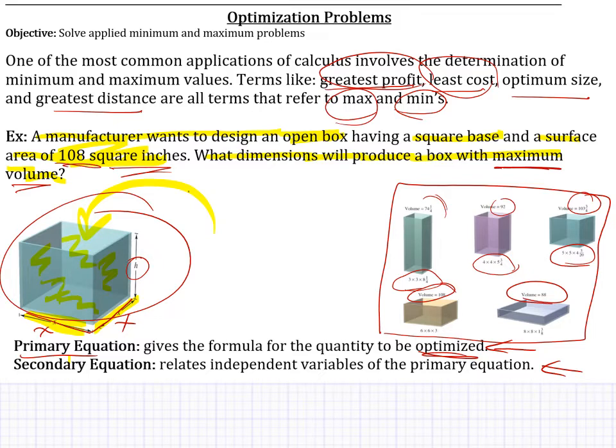The volume of this box should be the area of the base, x by x, so x squared, times the height, so x squared h. That's the equation we're trying to optimize, but it's got a lot of variables in it.